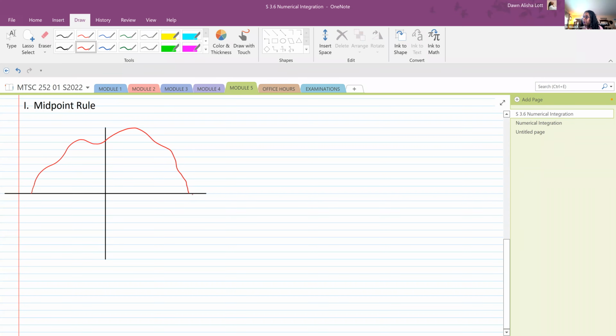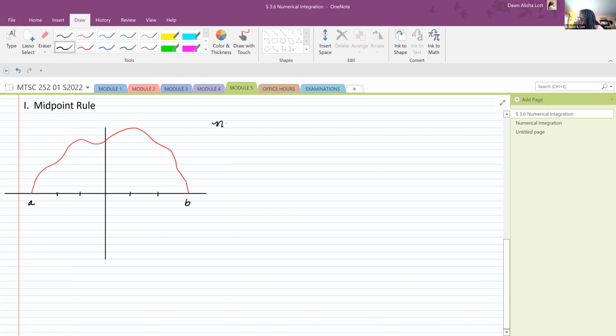And then we're going to take this function, and what we want to do is this is the integral from a to b. And so we want to divide it up into n equal sections. Let's say for this one, we have 6.